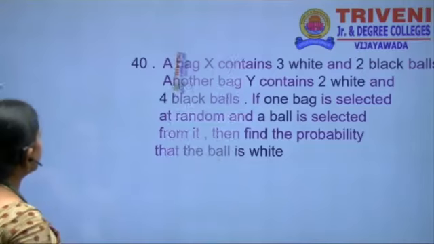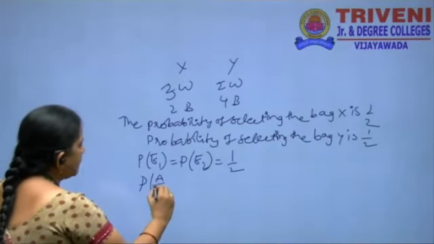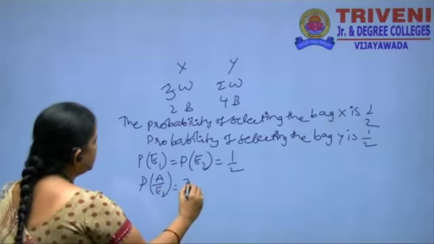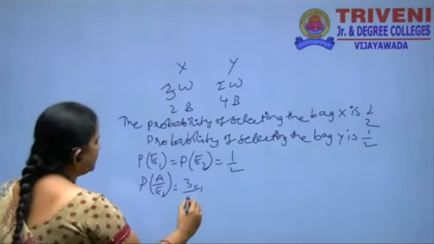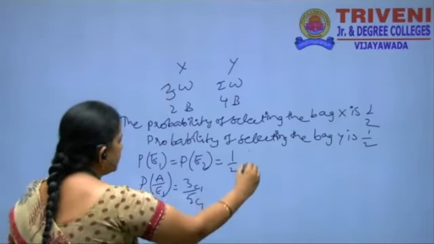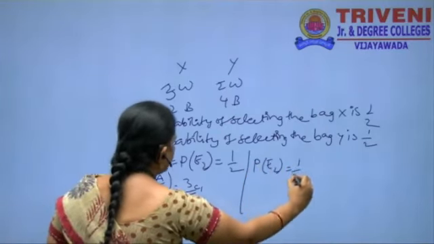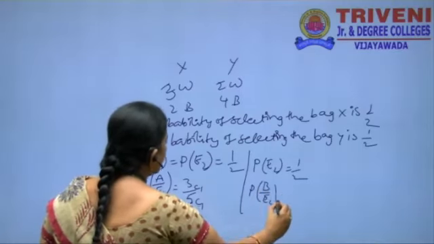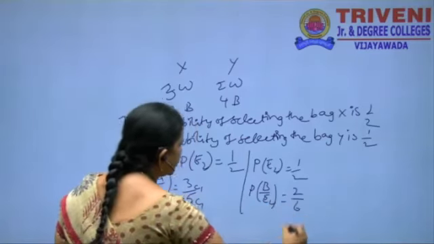Here we have to take it as P of A by E1 is equal to 3C1 by total how many balls? 5C1. And P of E2 is equal to 1 by 2. P of A by E2 is equal to, here also we have to select the white ball, is 2 by 6.